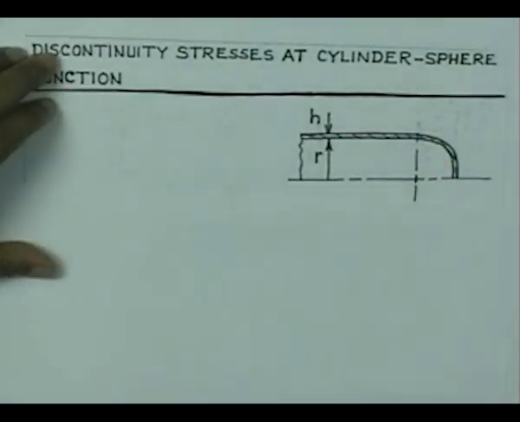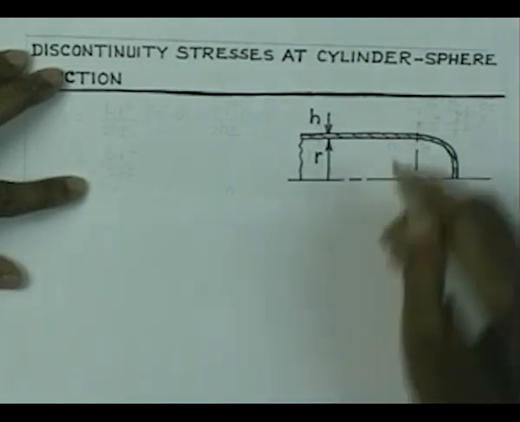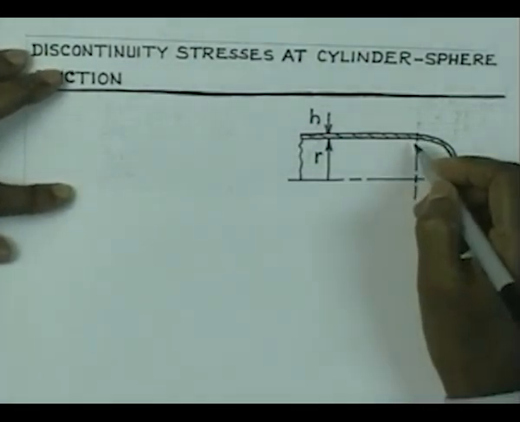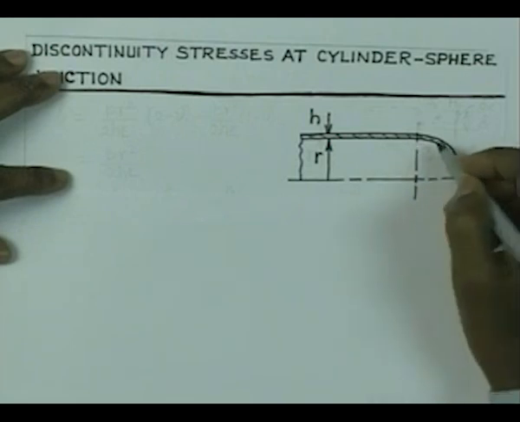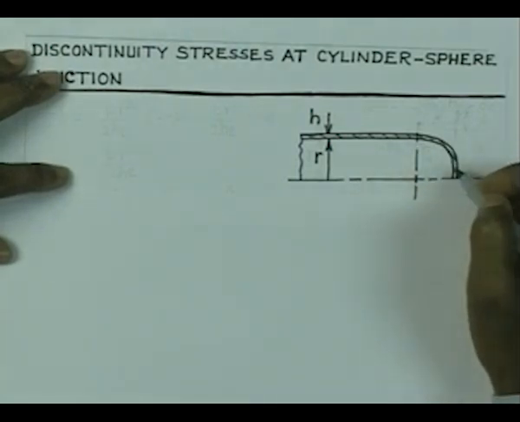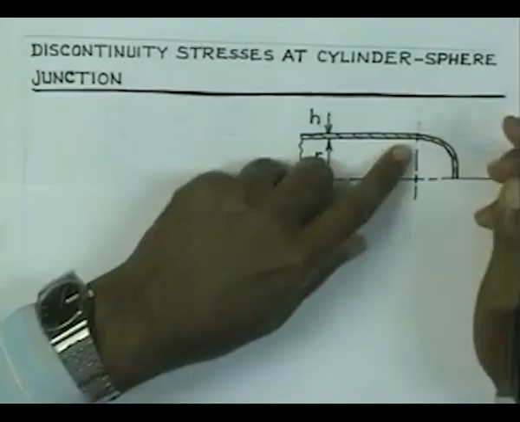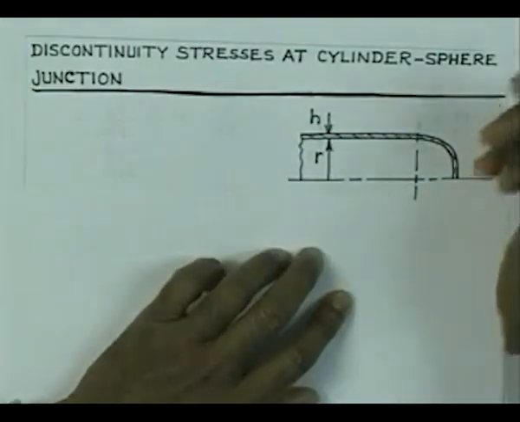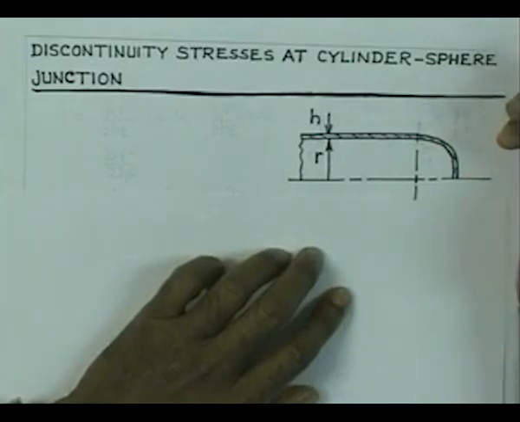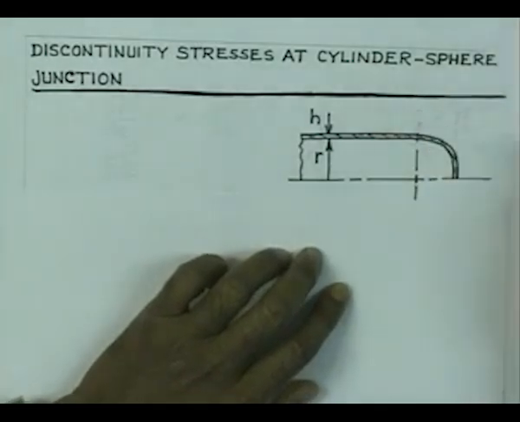Quickly, if you look into the stresses in the case of cylinder, axial stress is PR by 2T, hoop stress is PR by T, and in the case of sphere it is PR by 2T in both cases. So, therefore, the radial expansion of the cylinder is going to be PR square by 2TE into (2 minus nu) in the radial direction.